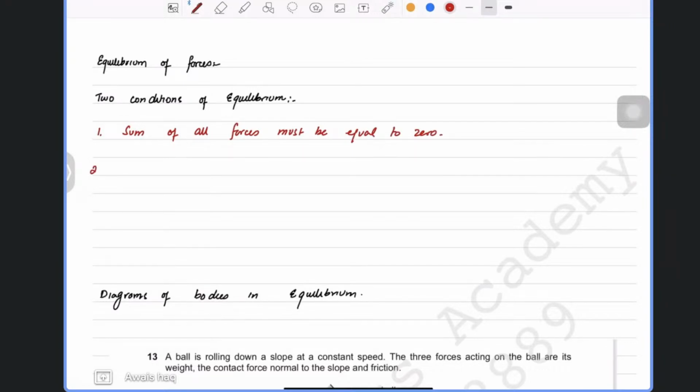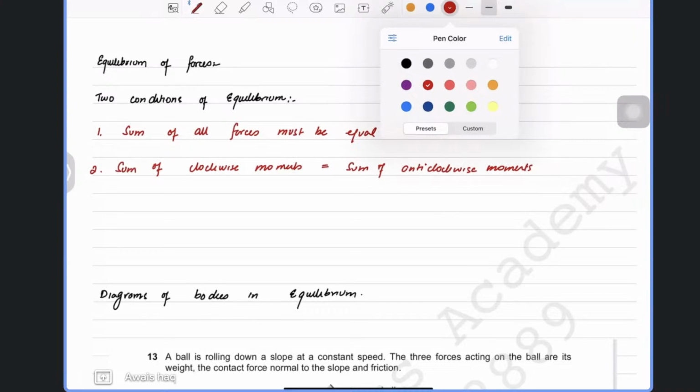The other condition is that the sum of clockwise moments is equal to the sum of anti-clockwise moments about a point.